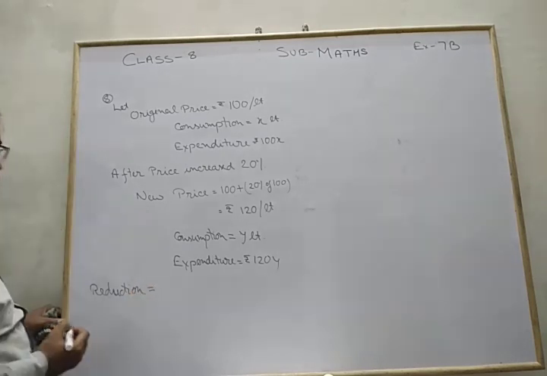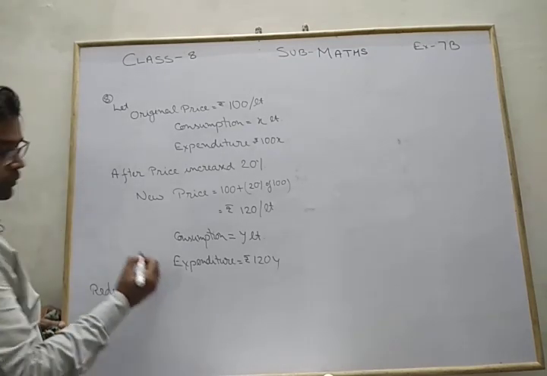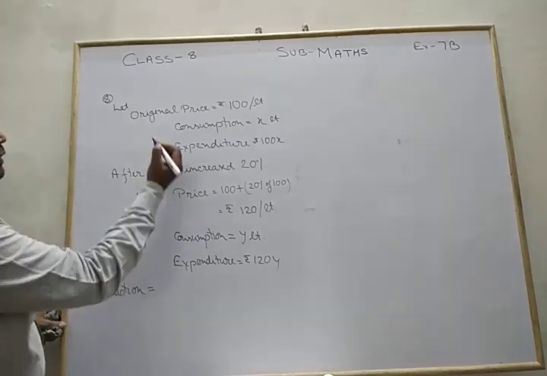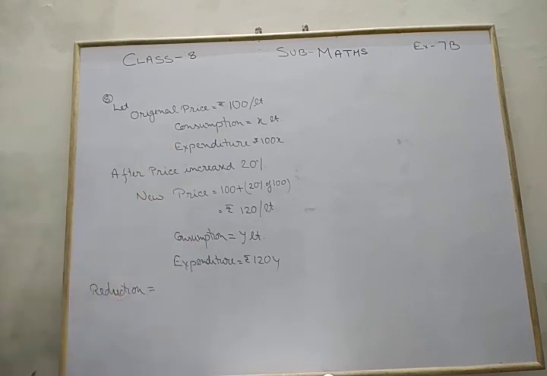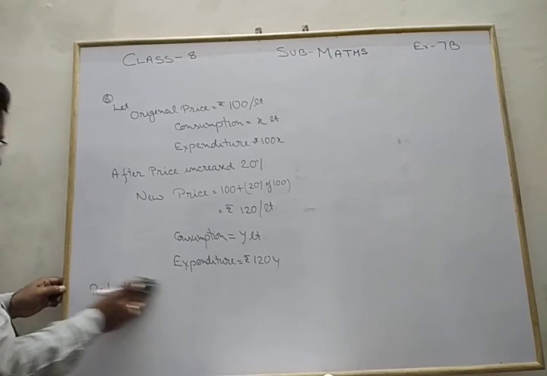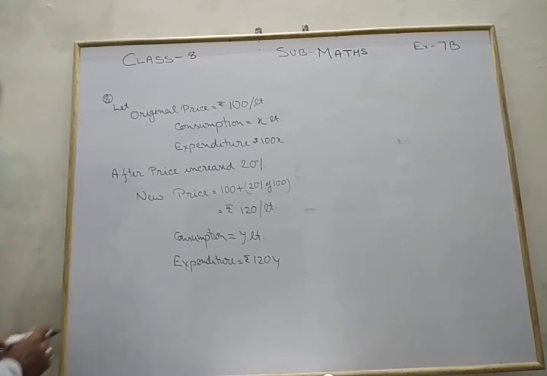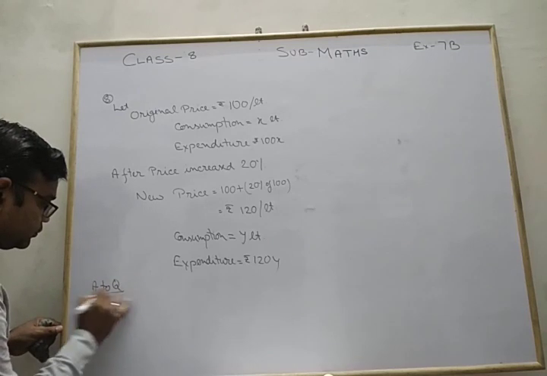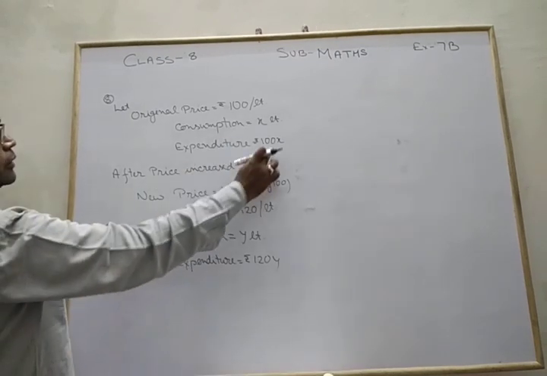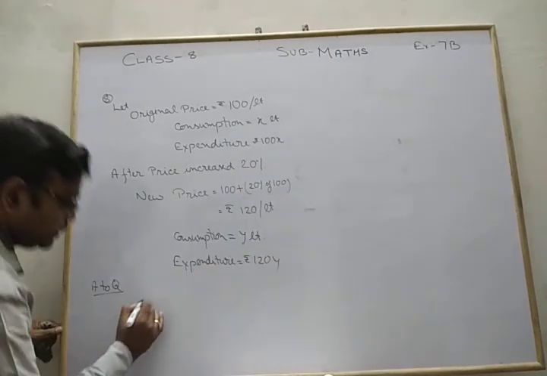Reduction in consumption equals original X minus new Y. But before that, we know that according to the question, this expenditure and this expenditure are equal.